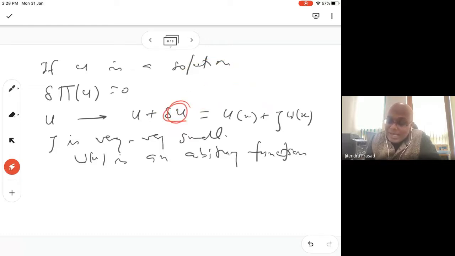Here you are changing the displacement just a little bit. Del U is very small. We can also write del U in terms of a function Wx, which is arbitrary, multiplied by zeta. Zeta is very small, so this and this are basically the same.